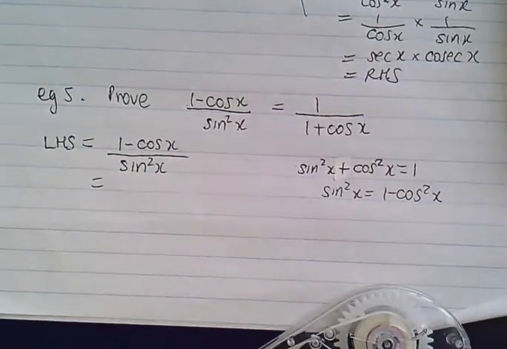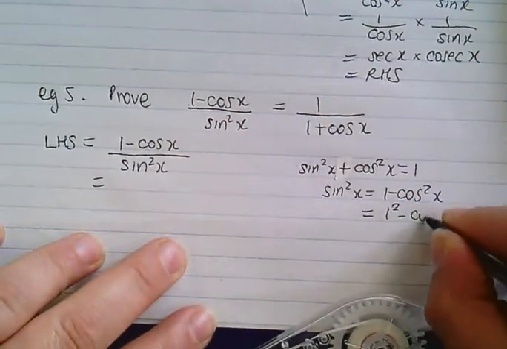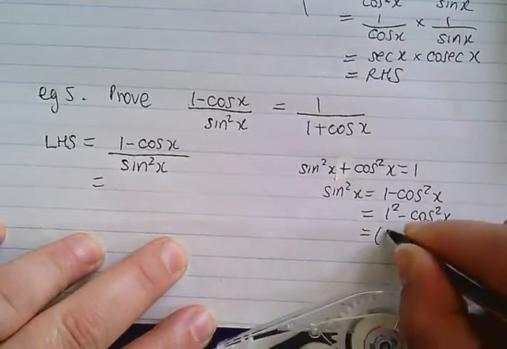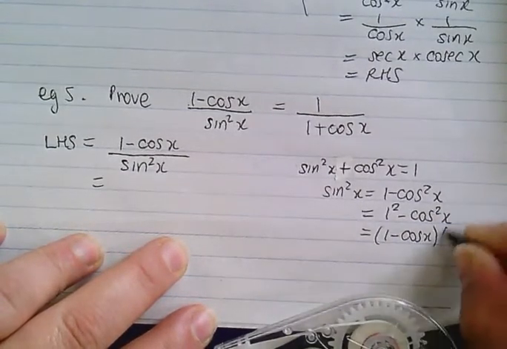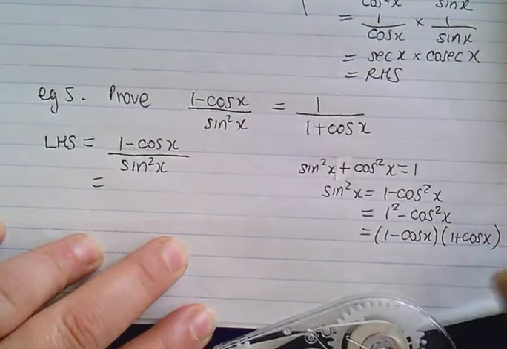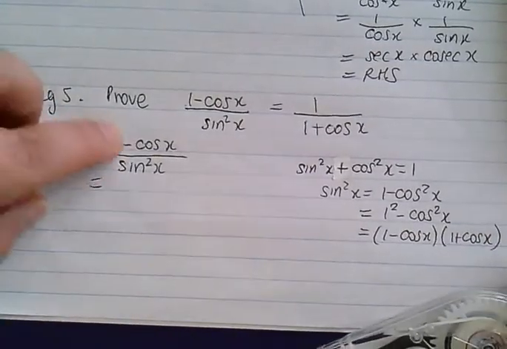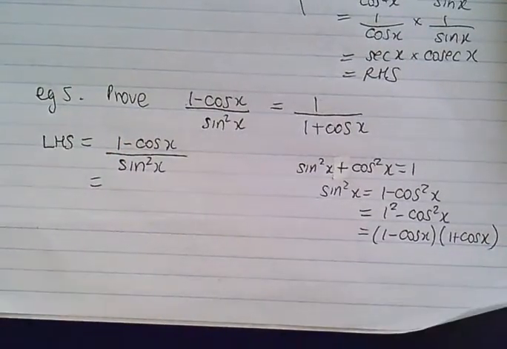And did you know that 1 minus cos squared x is not a perfect square, but it's a difference of 2 squares? So that's why we like 1 minus sine squared x and 1 minus cos squared x, because it's really 1 squared minus cos squared x, which is 1 minus cos x, 1 plus cos x. And that's really good to use because one of them is going to cancel with the numerator.